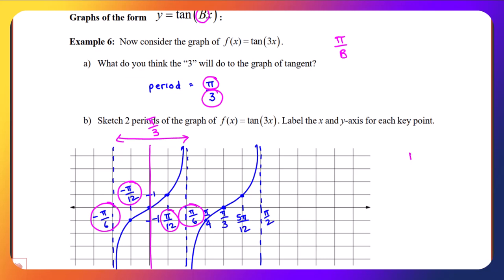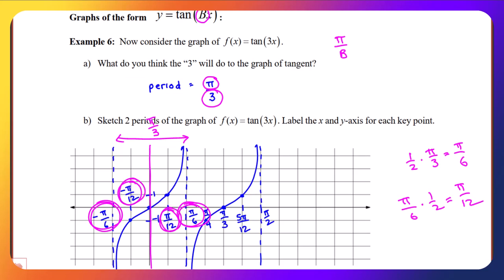Half of is 1/2 times. So 1/2 pi/3, which is the period, is pi/6 to the left and to the right, and 1/2 of pi/6 is pi/12 in between.